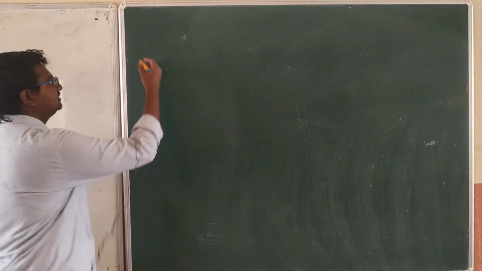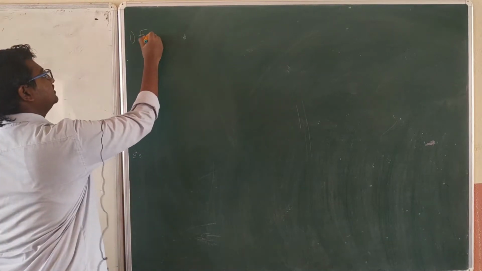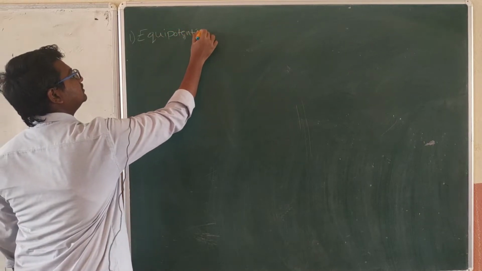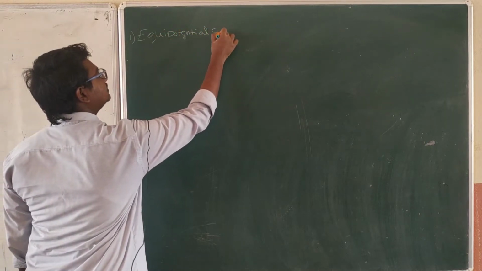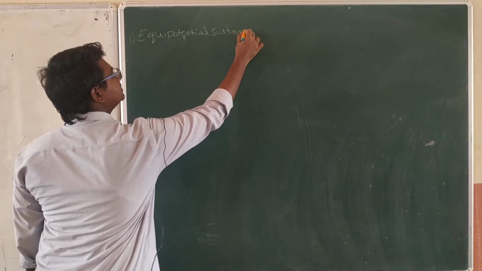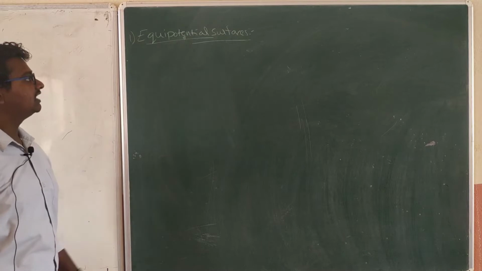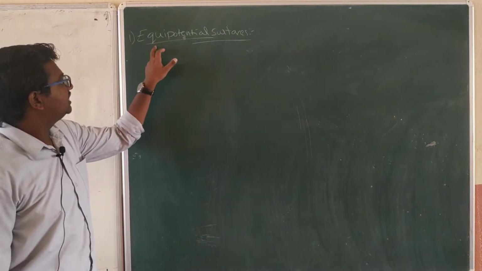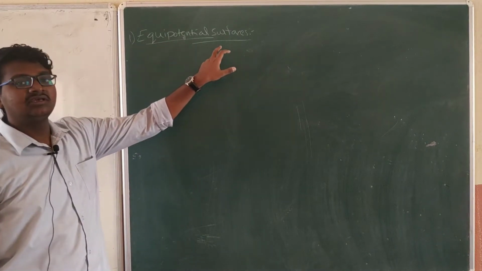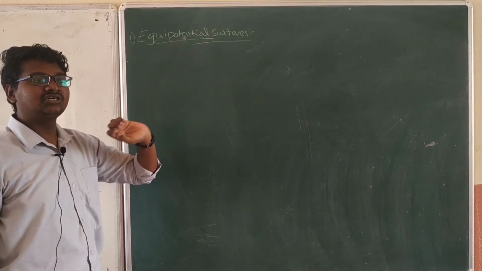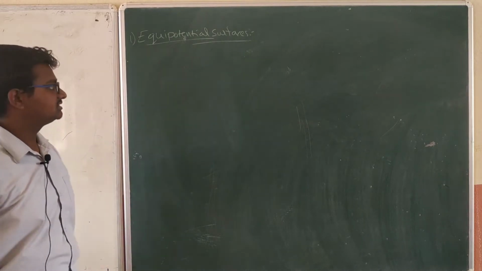Right, let's start with equipotential surfaces. The name itself says equipotential, meaning the points which have equal potential are called equipotential surfaces.